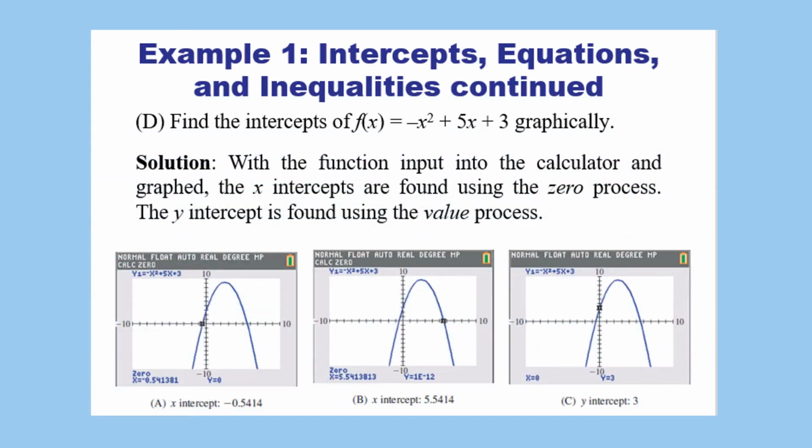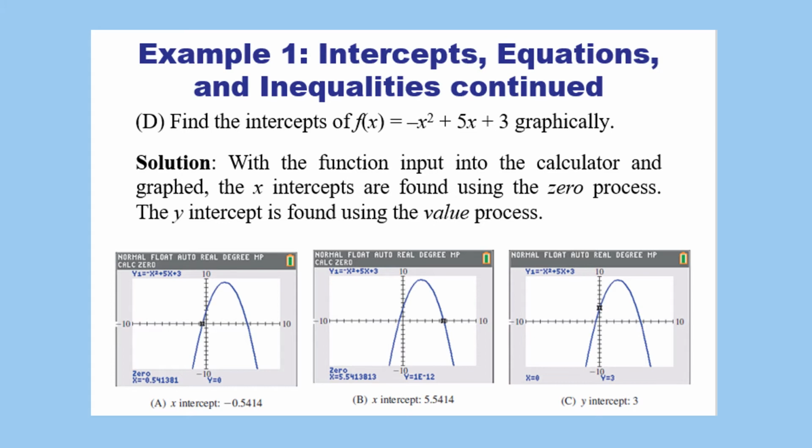We can find where it crosses the x-axis using our graphing calculator. If we want to find the zeros of this function, we can use the zero key in our graphing calculator.